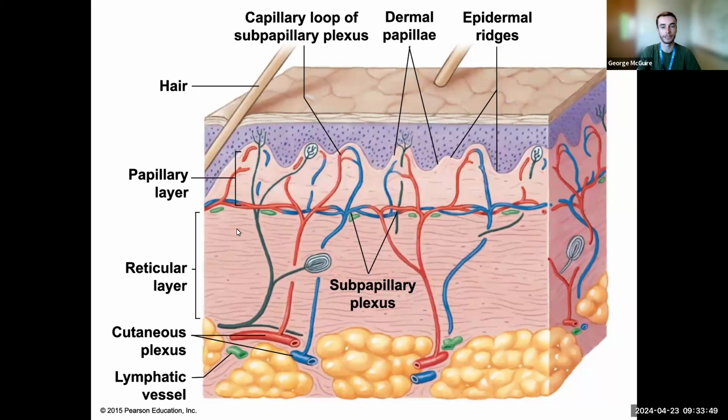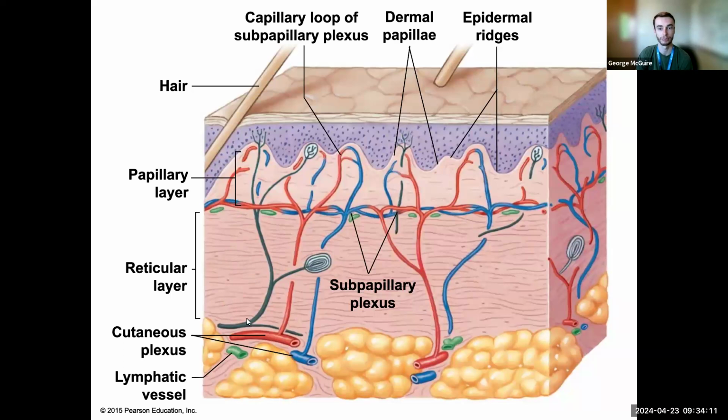Deep to the papillary layer, we have our reticular layer, which is dense, irregular connective tissue. So this is mainly collagen and elastic fibers. So this is going to provide a lot of that flexibility and support to those superficial structures. And so the reticular layer is being supplied by the cutaneous plexus.